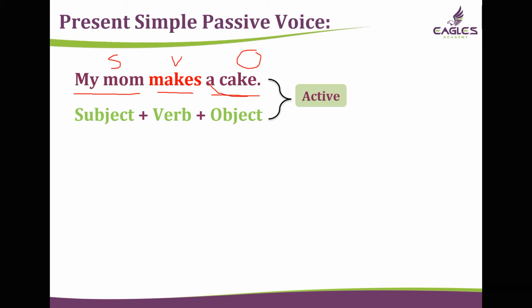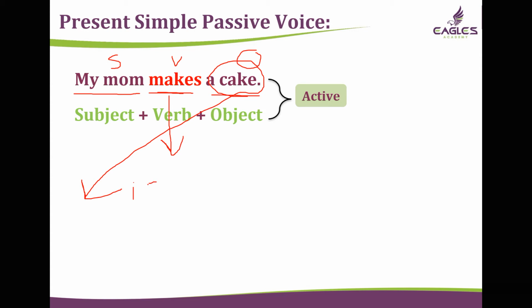How can we make this passive? Please, attention. We take cake, we put cake at the beginning of the sentence, then we take the verb and we say to the verb, come on, baby, we want to change you. And we have to add a helping verb. If the sentence is in the present, like this one, we add a helping verb in the present. So what is the helping verb that we have to add?